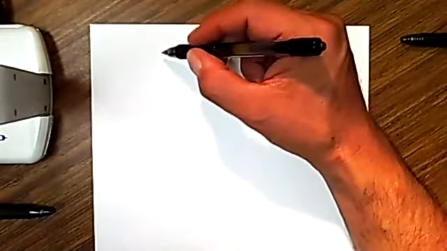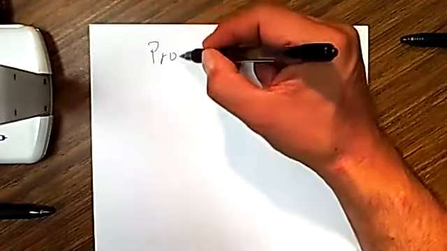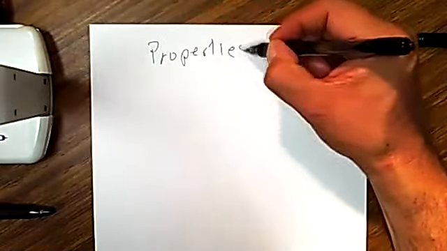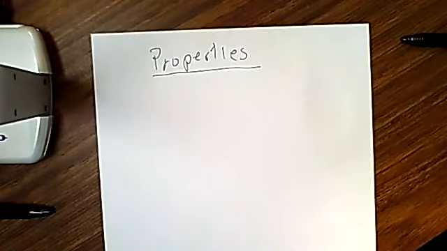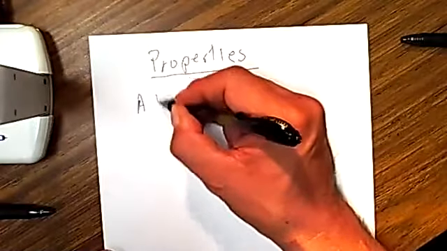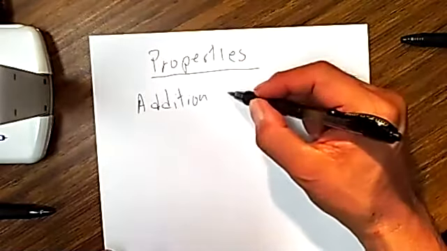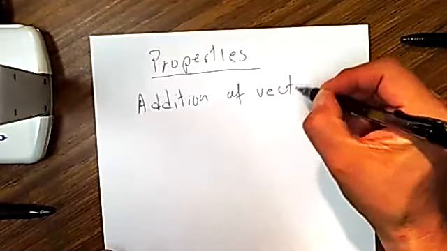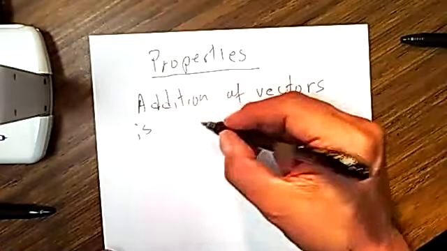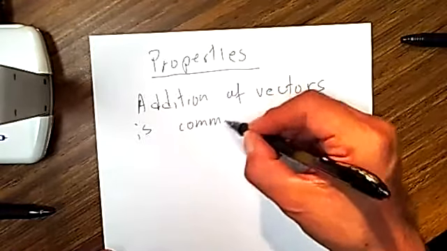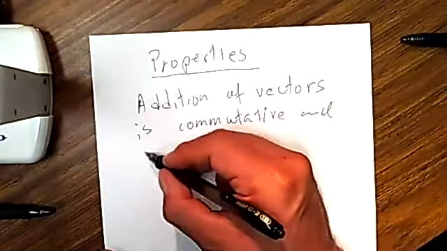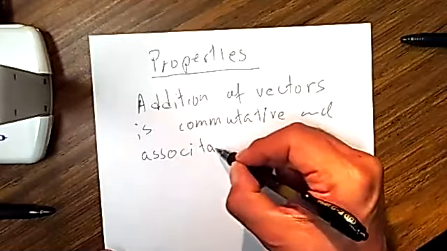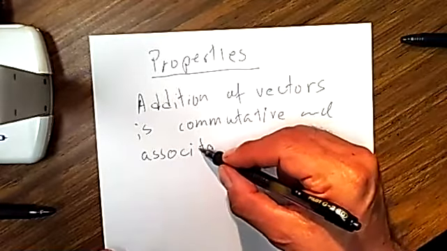We have many properties of vectors with their operations. Let's write some of those down. Properties of vectors. Addition of vectors is commutative and associative.